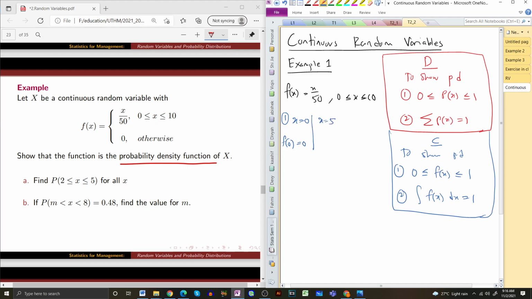If I take x equal to 5, the middle point, this one would be 0.1 if you compute, and if you take x equal to 10, it is 0.2, and notice that all are between 0 and 1. The first condition is fulfilled. I give you some time to copy if you want.